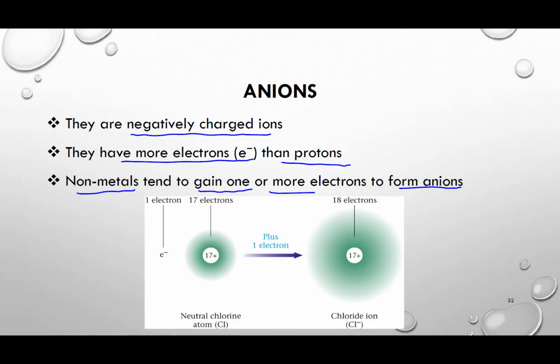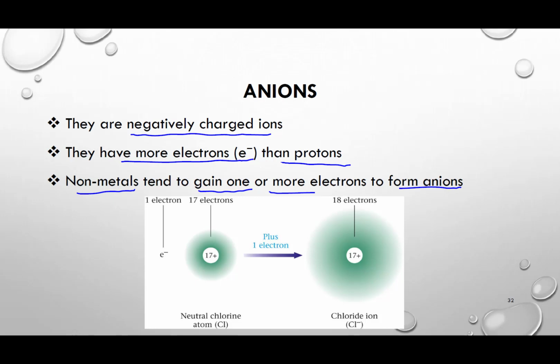Now let's look at this example. Okay. Let's look at comparing chlorine and chloride ion. Then chlorine, if you look at your periodic table, is 17. Okay.